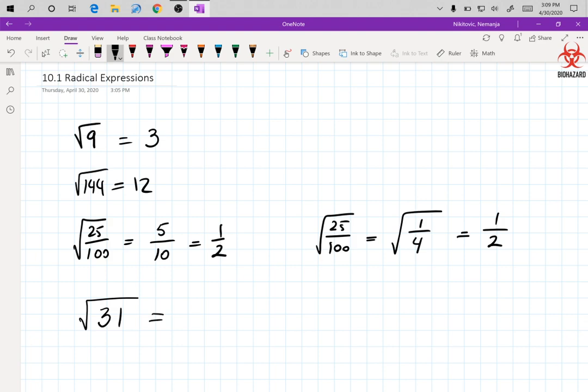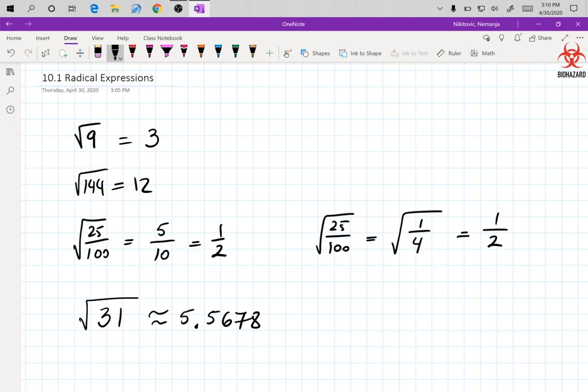Some calculators ask you to put the number first and then push the square root button, and some calculators would have you put the square root symbol first and then the number. So just try both ways, depending on which calculator you have. So the square root of 31 is approximately, and when I say approximately, we put the squiggly equal sign, about 5.5678 if you want 4 decimals, right? It's actually 776, but then that 6 will make the 7 into an 8 when you round. Therefore, that will be it.